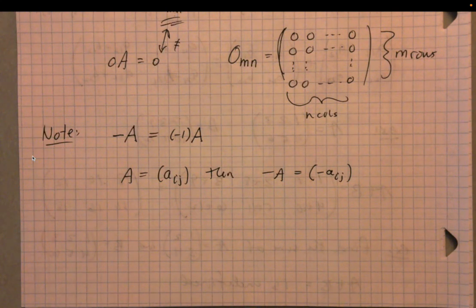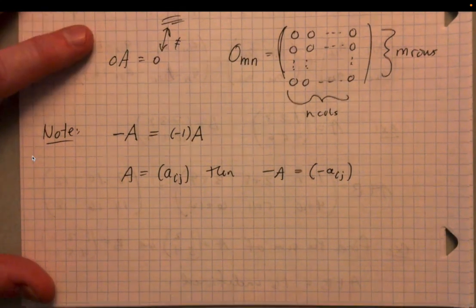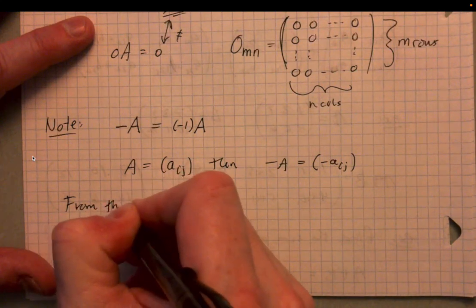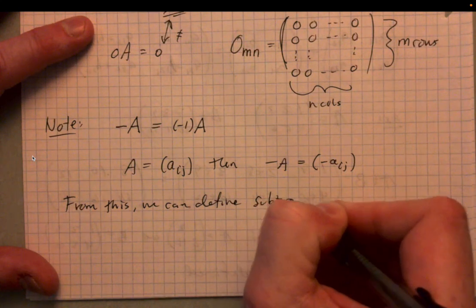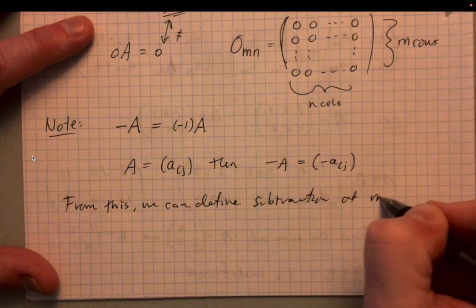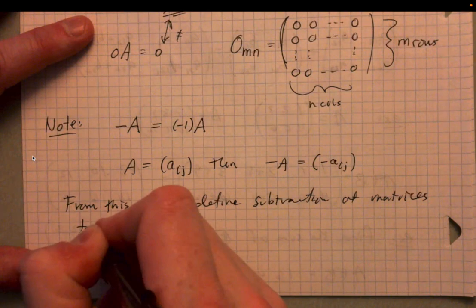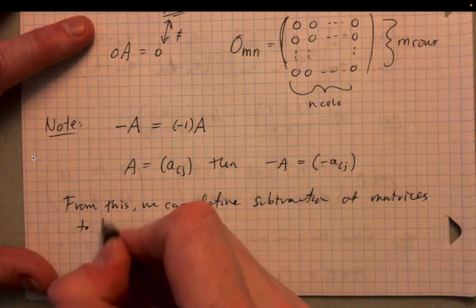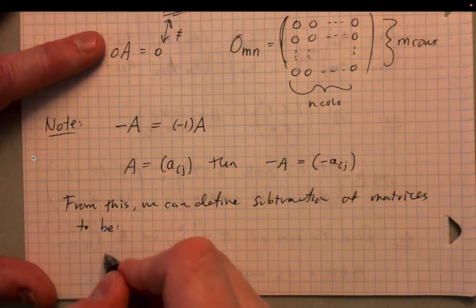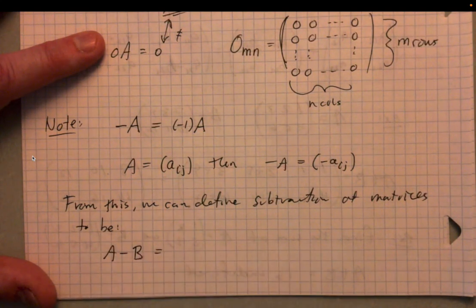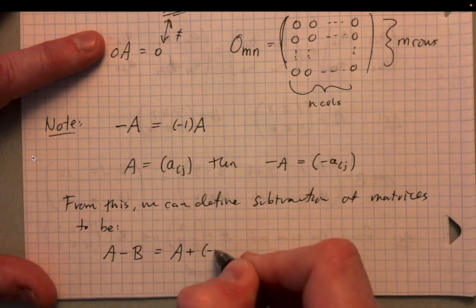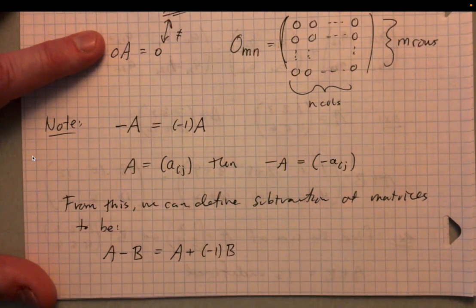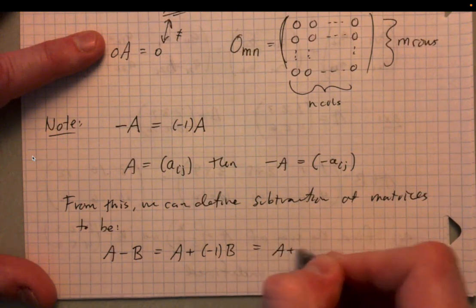Okay, and from this we could define subtraction of matrices. If you have A minus B, then what that means is A plus -1 times B. Right, so another way to say that would be A plus -B.